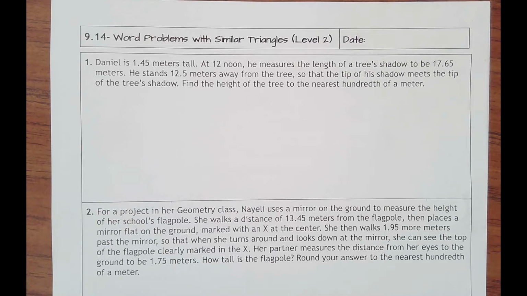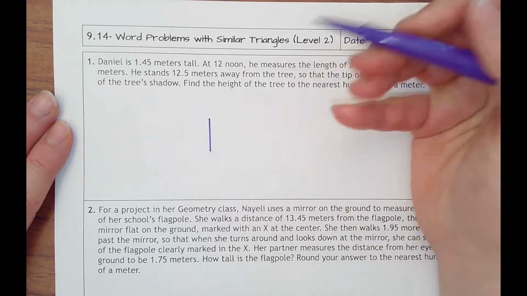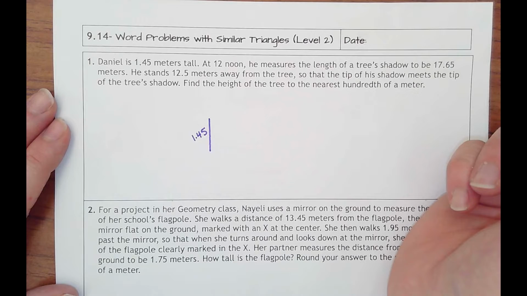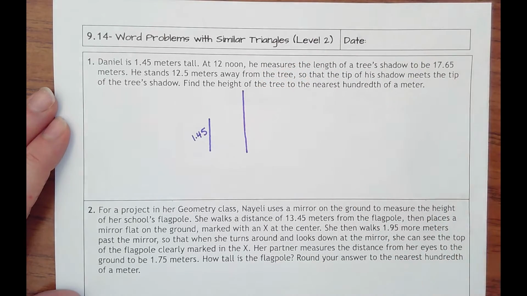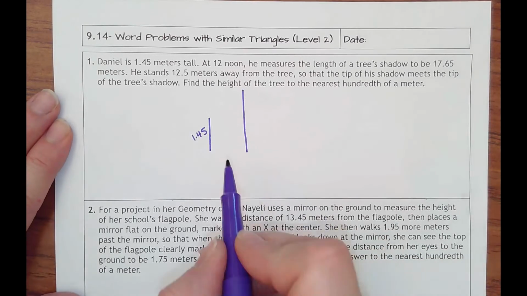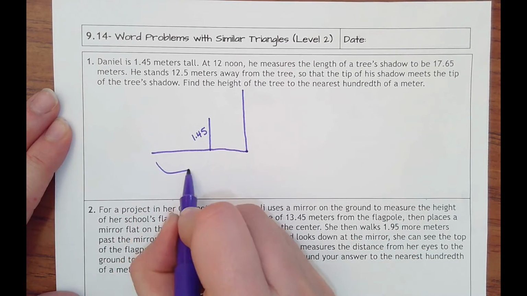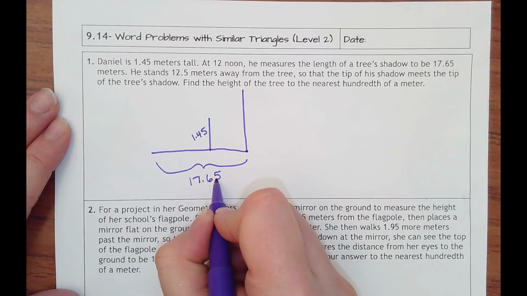This is just like the one we did on the last lesson, the very first one. So we've got Daniel, who is 1.45 meters tall. He measures the length of a tree's shadow. So there's a tree that's taller than him. And the tree shadow, from the tree out, is 17.65.